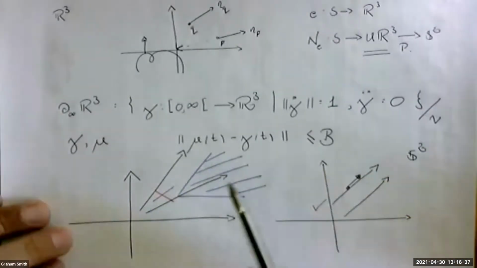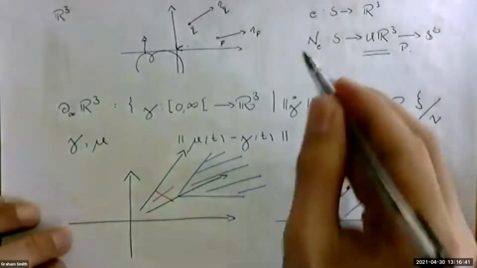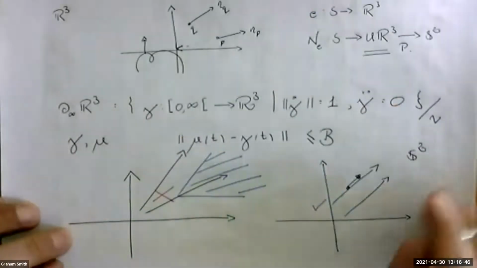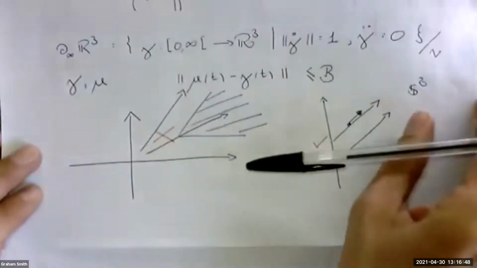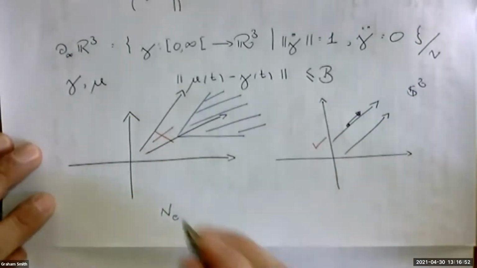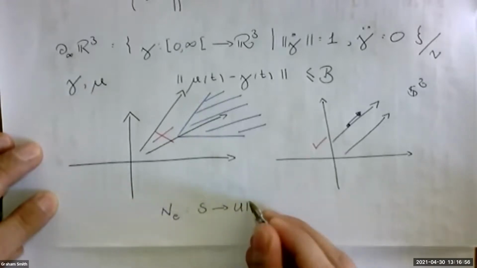Now, with this parameterization, we can see the Gauss map of R3 in a slightly different way. The Gauss map can now be conceived of as a composition, where you have the unit normal vector field, which sends my surface into UR3.